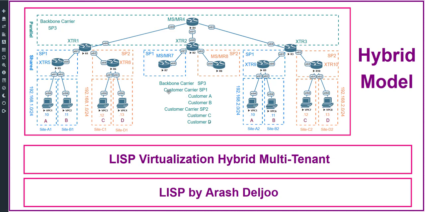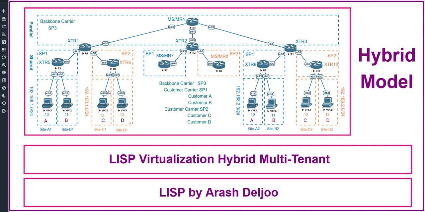As you can see, the customer carrier service provider 1 has two customers, A and B, and service provider 2 has two customers, C and D. And finally we need to give the connectivity service to customer A in service provider 1, meaning site A1 and site A2, B1 to B2, and then to the customers of service provider 2, customers C and D. This is the C1 site, this is the C2 site. These two sites should be connected to each other, and also D1 and D2.